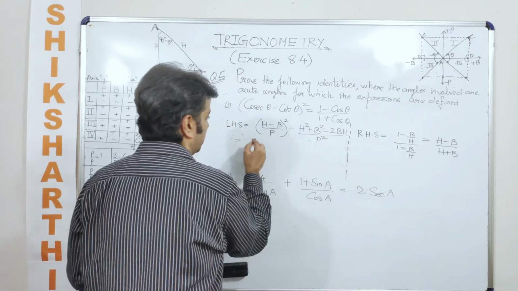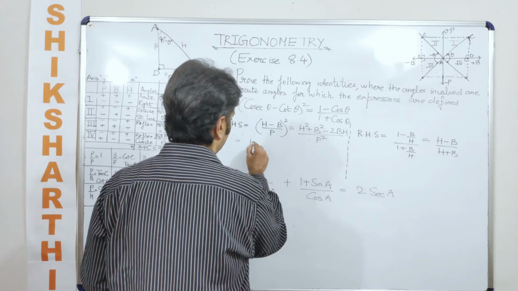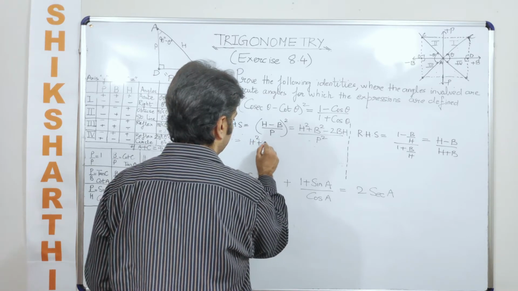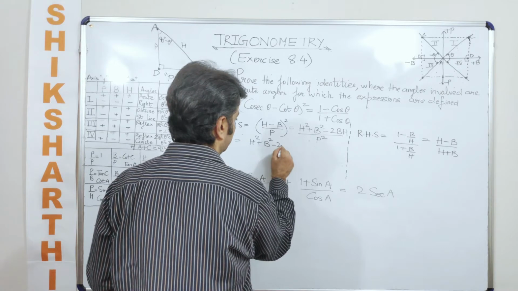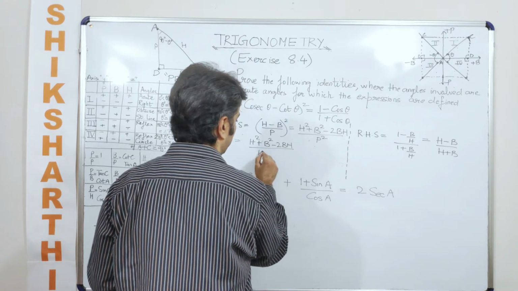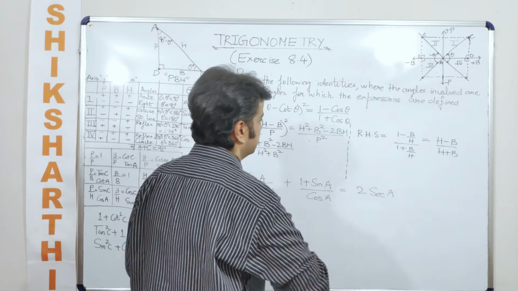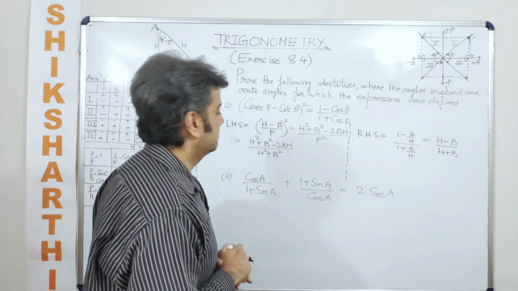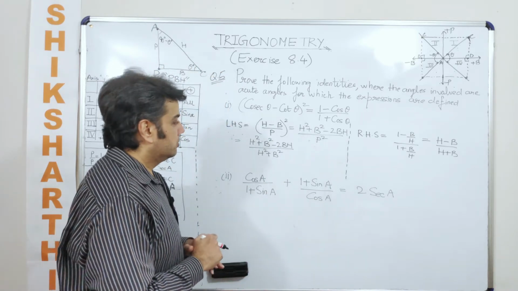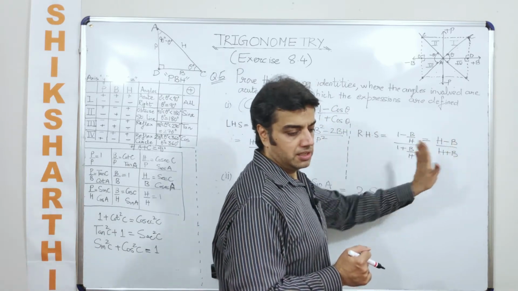Anyway, so now can I say that the numerator is h square plus b square minus 2bh upon h square plus b square. So either I solve this side or I solve this side.